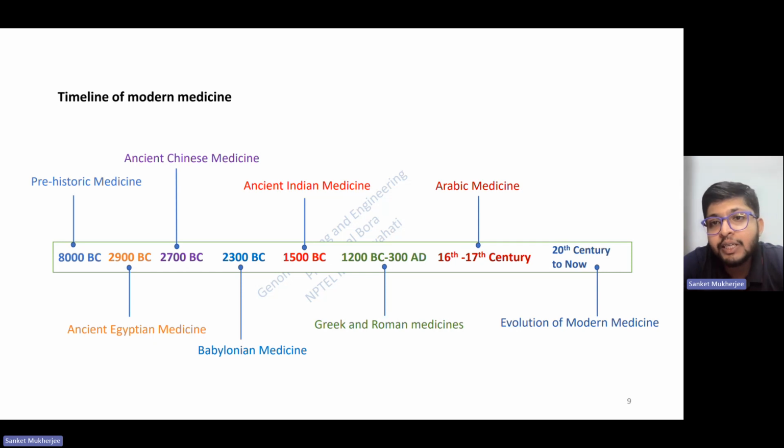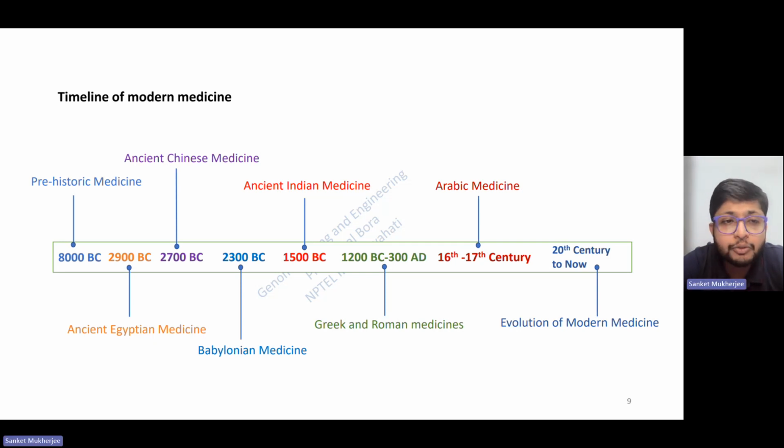But it is very intriguing to know that a lot of things that we are discovering through science in today's era have been documented in some of the ancient texts, at least in Indian medicine and in some other forms of medicine as well.